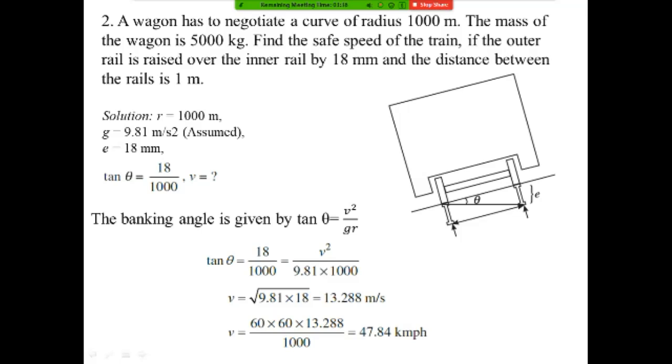Meters I will convert into kilometers, that's why this 1000 is there. Meters converting into kilometers, it will become 1000. Seconds converting into per hour, it will become 60 into 60.